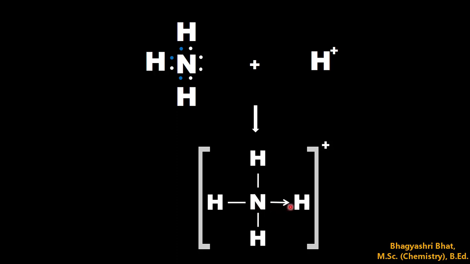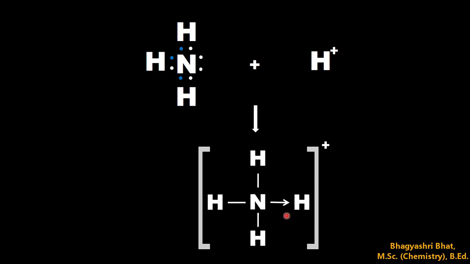Hydrogen ion earlier has no electron; in order to have duplet structure, it needs two more electrons. So the lone pair of electrons present on the nitrogen atom is completely shared with the hydrogen atom. Now N and H both are stable.